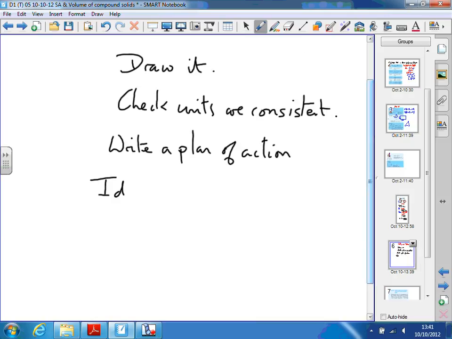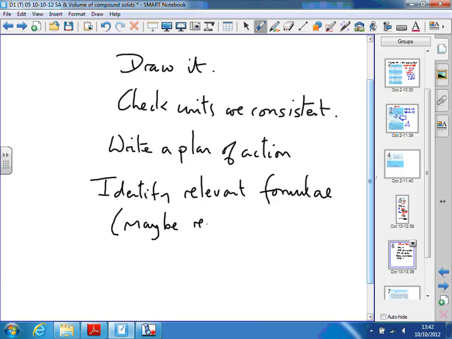Identify the relevant formulae. What formulae am I going to use? That might involve rearranging it as well. I might have to rearrange a formula to find what I'm after. So maybe rearrange.